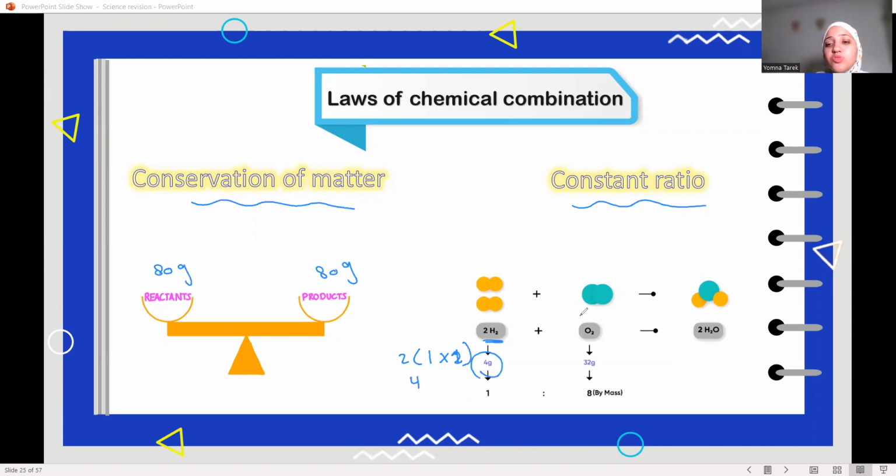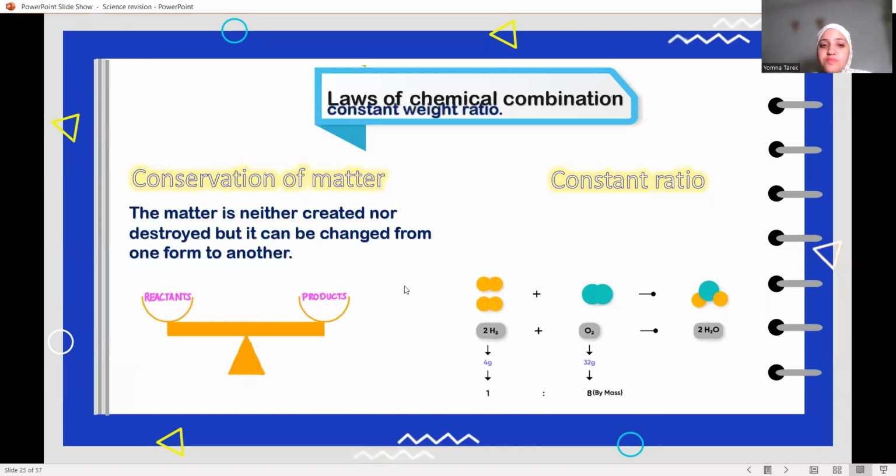The atomic mass of oxygen is 16. So 2 times 16 is 32. So 4 grams for every 32 grams of oxygen. If we simplify, 4 over 4 is 1, 32 over 4 is 8. So for every 1 gram of hydrogen, we must put 8 grams of oxygen. This is the law of constant ratio.